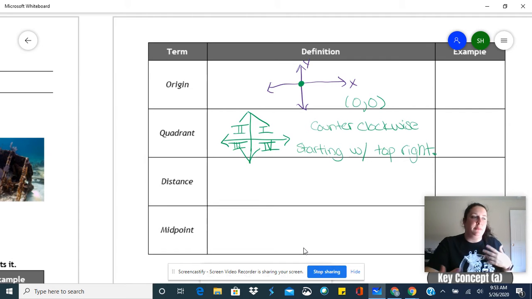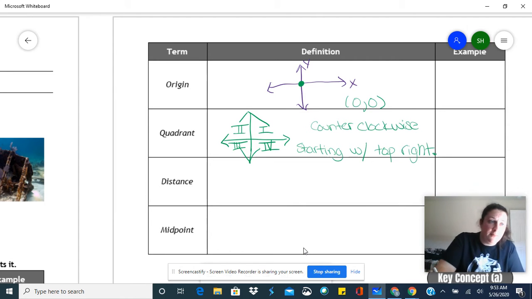And then we have distance. We all know what distance means, right? It's the number of, or the unit of measure between 2 points.